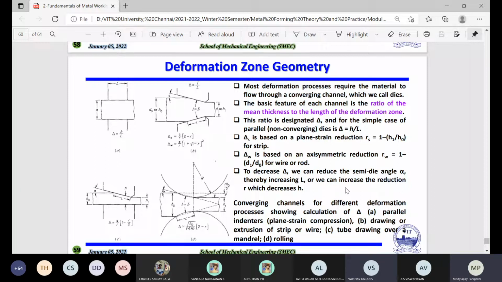Then one more good parameter, which I think we have probably not considered, maybe only in machining. To decrease this deformation parameter delta, we can reduce the semi-die angle alpha.